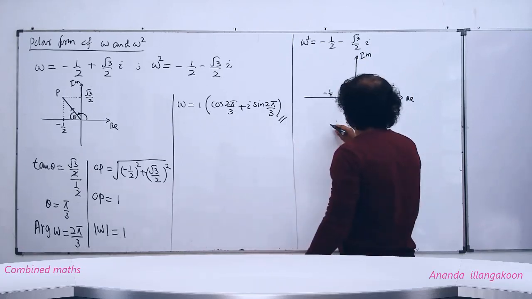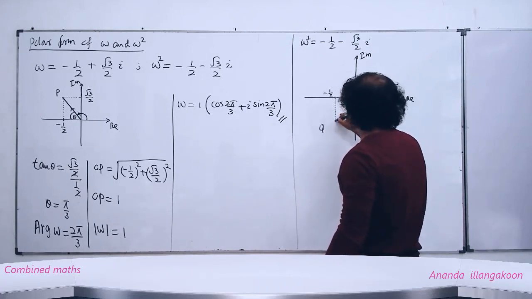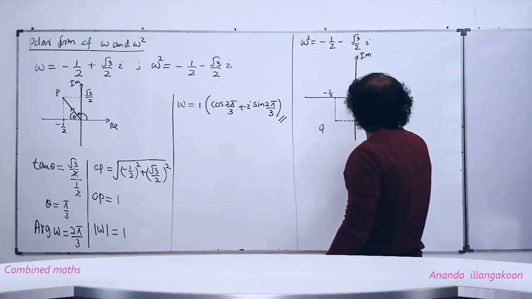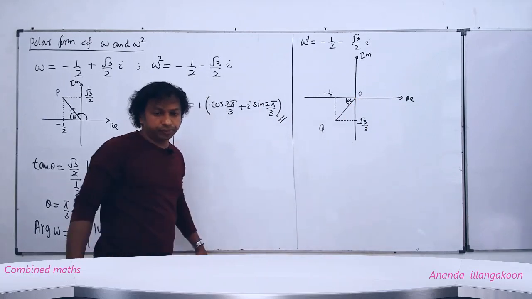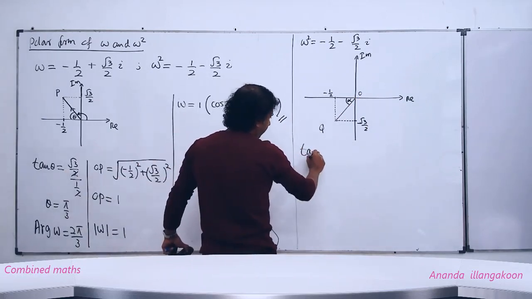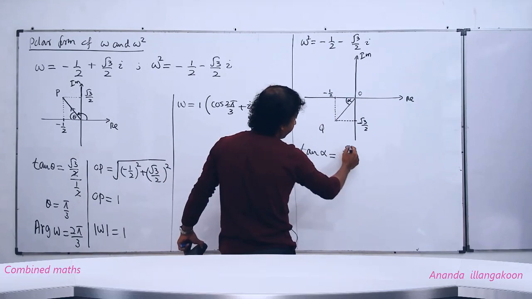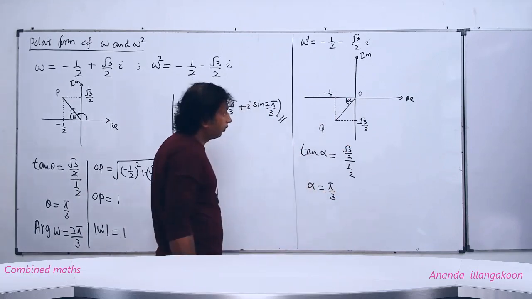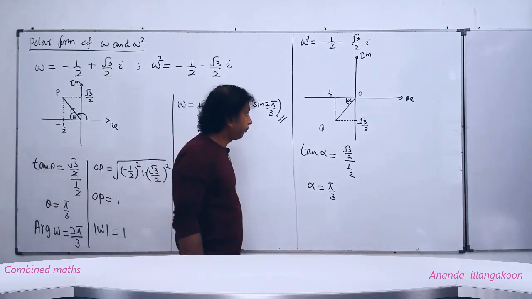Suppose the point here is Q. Then if I take this angle as alpha, tan alpha is opposite by adjacent. Then again alpha is pi by 3.